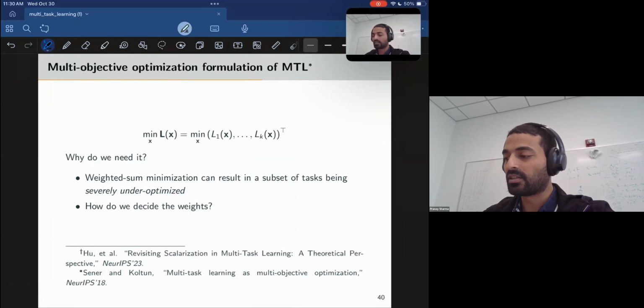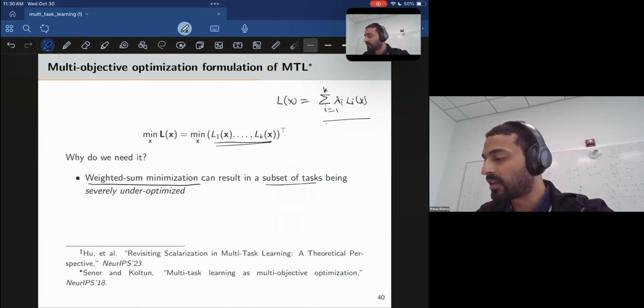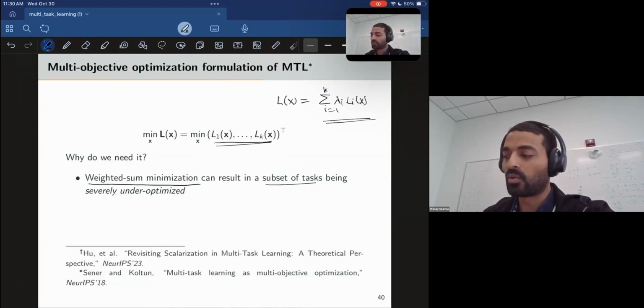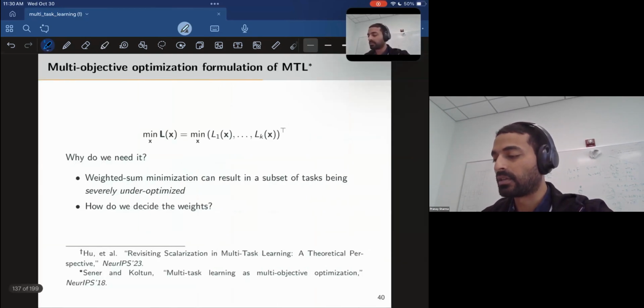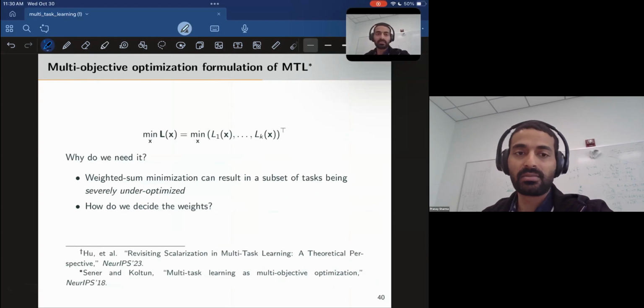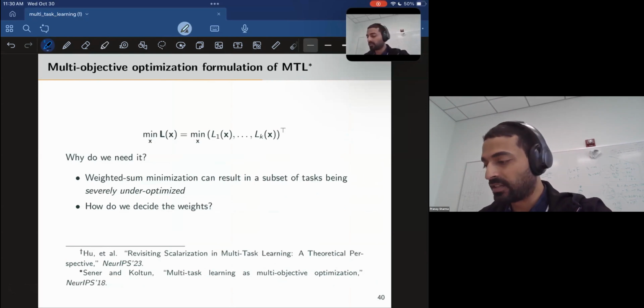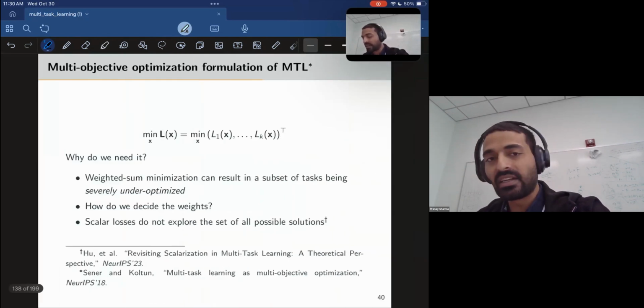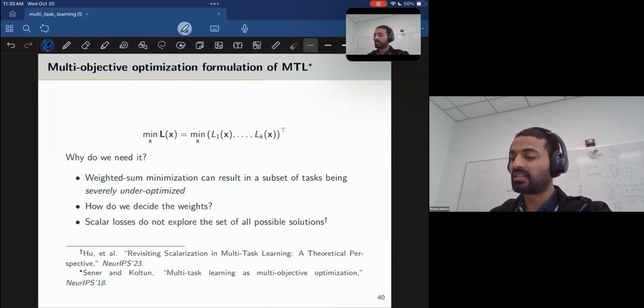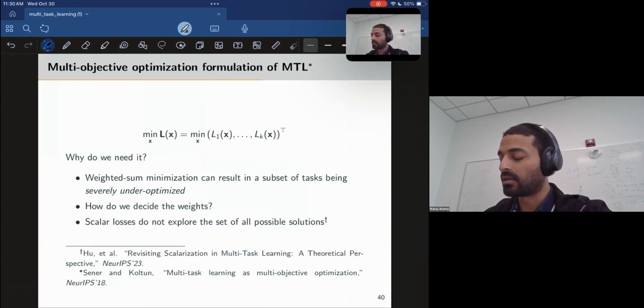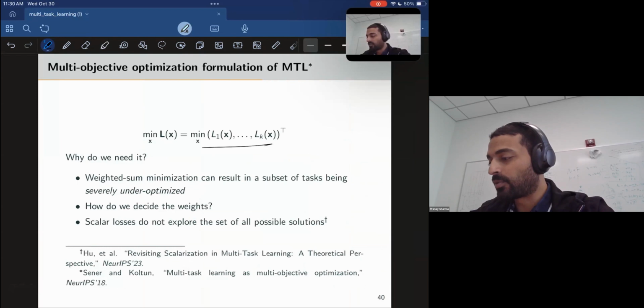Another challenge is that when we have this kind of an aggregation, how do we choose what these lambdas are? How do we decide what weight to assign to different task losses? This is a judgment call we have to make, and we don't always have enough information to choose these weights. And finally, there are several possible sets of solutions we can come up with to solve this problem.